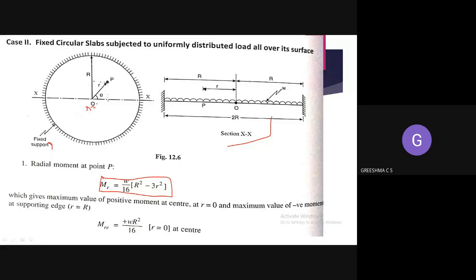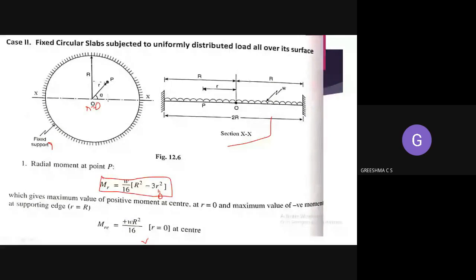At the center r is equal to 0, so if we substitute r equal to 0 in this equation, the maximum moment at the center is equal to W R square divided by 60. Even in the fixed case, you get the maximum moment at the center.